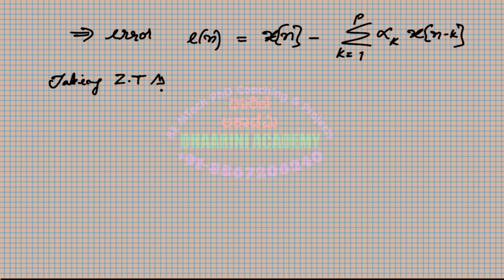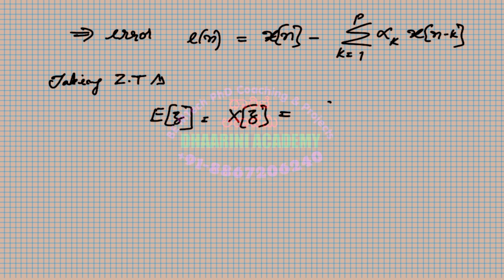If you remember, any function which is given, I can directly take its z transform. So e of n gives me capital E of z. There is x of n, whose z transform I denote as capital X of z. Now what happens to the summation part? Can you try to recall and tell me what I'm supposed to write for the summation?